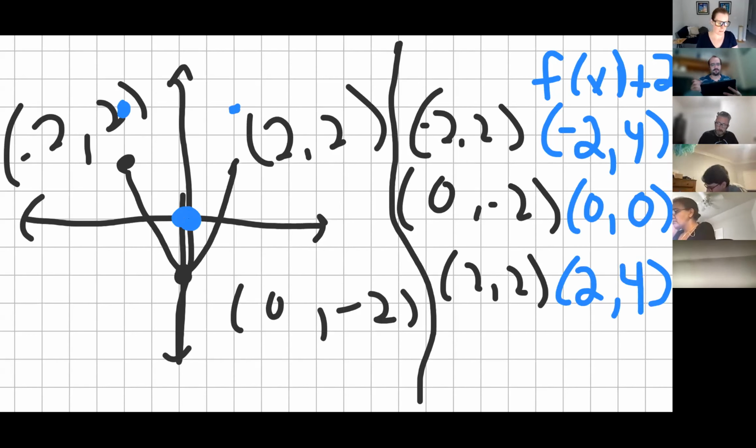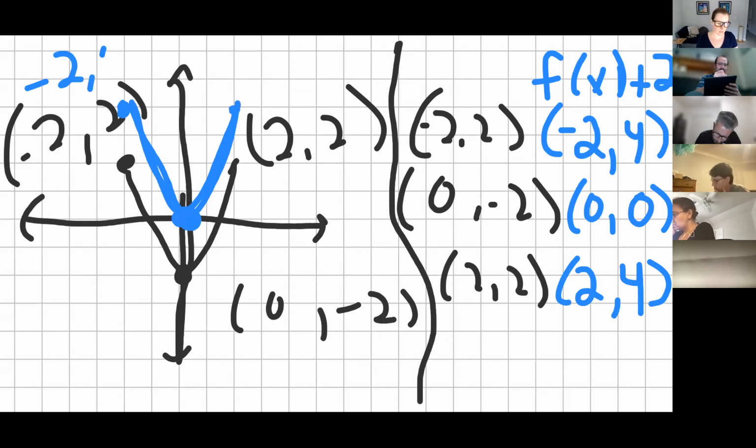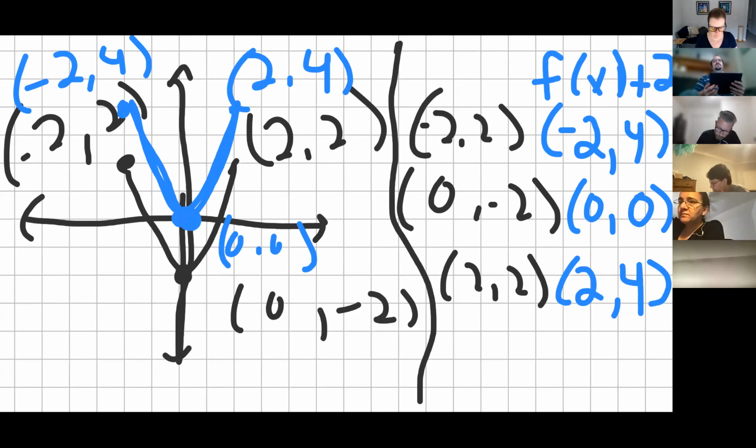It's 2, 4. 2, 4. And so your new graph should look something like this. The same thing, but shifted up 2 units. If you want to give me the points, you should be able to give me the points for each of these things. -2, 4, 0, 0, right? And then what, 2, 4? So we're adding 2 to each y quantity when we shifted up 2.